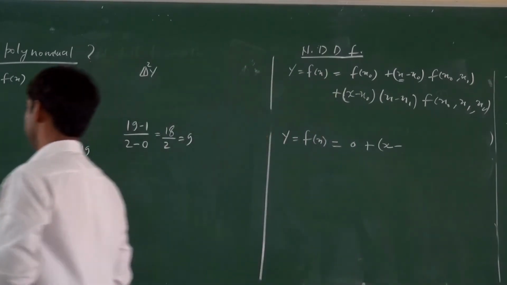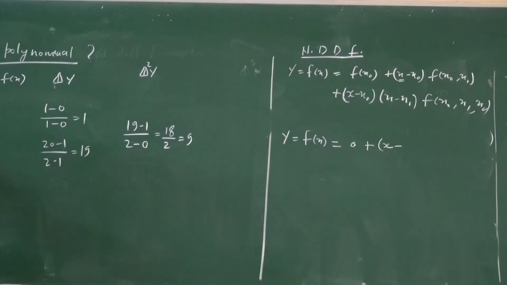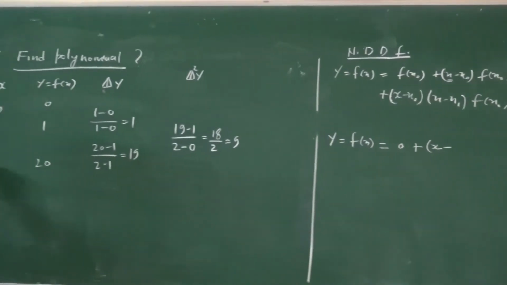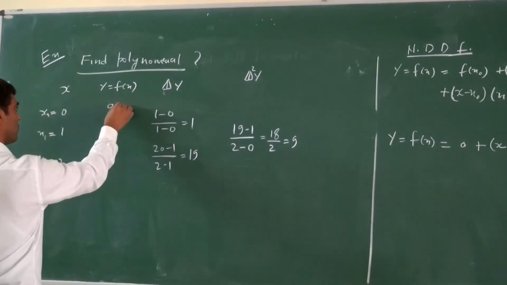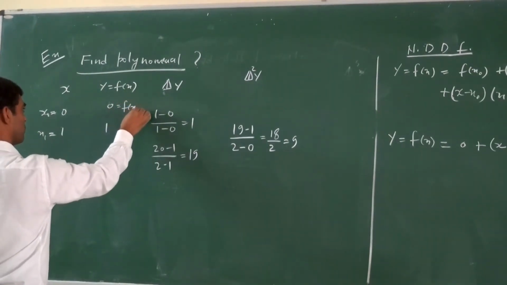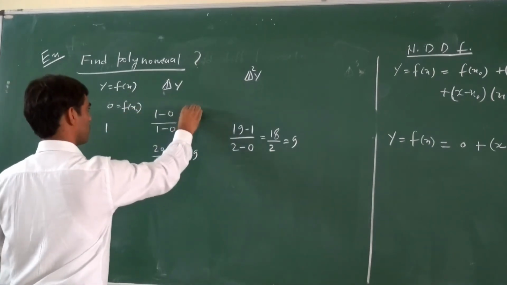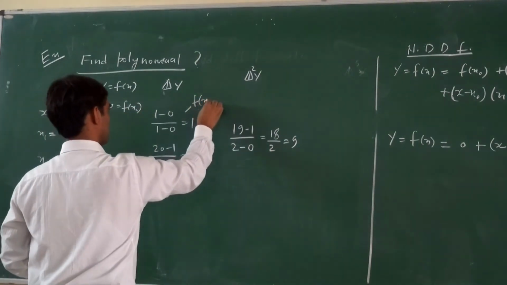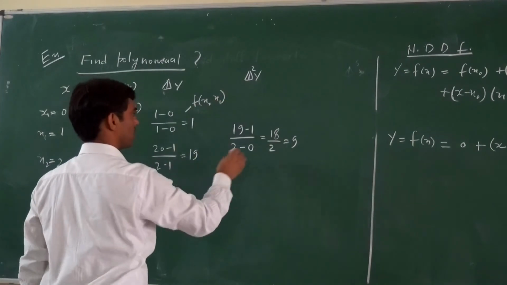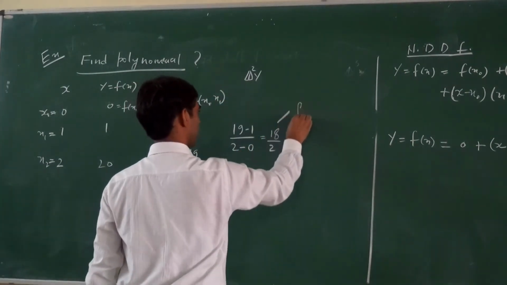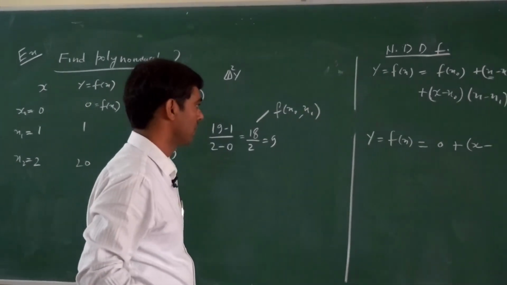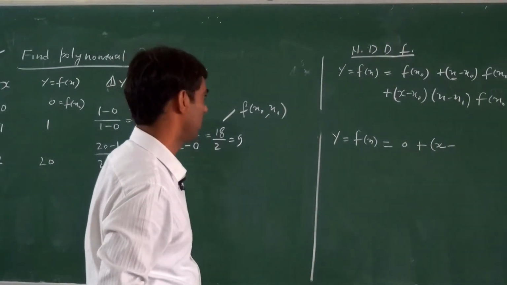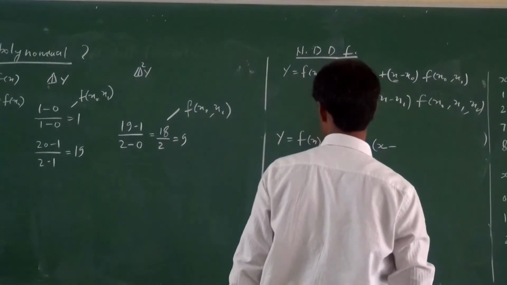We write here x0, x0, x1, x2, then f of x0, f of x0, and f of x0, x1, and f of x0, x1.